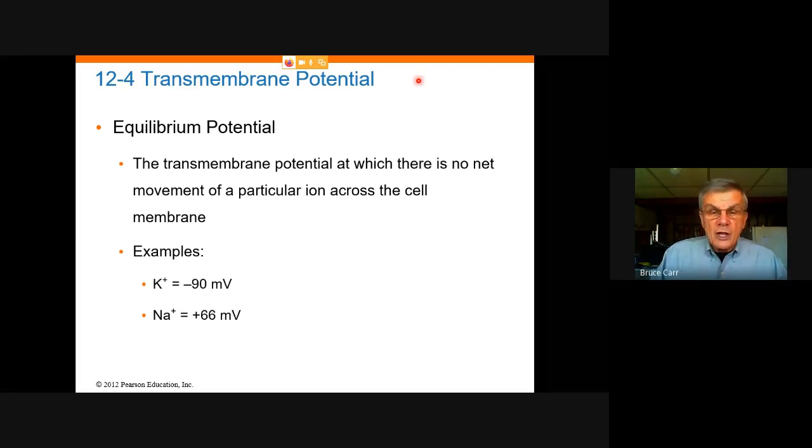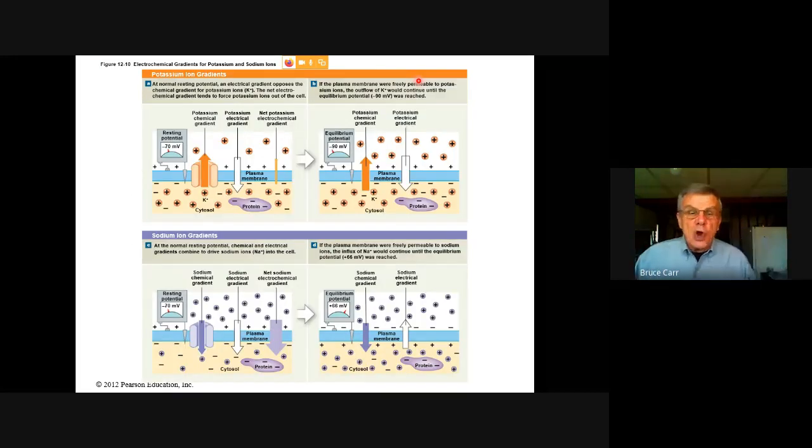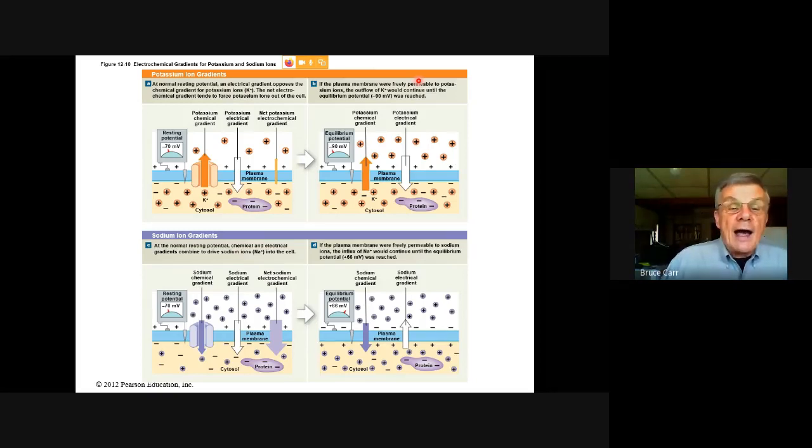If we look at a number of diagrams, I'm sorry that these are so busy as diagrams, we notice that at the resting stage, the resting potential of minus 70, there is a strong chemical gradient. The diffusion at rest is a high force to push potassium out of the cell because it's very concentrated here, very dilute out here.